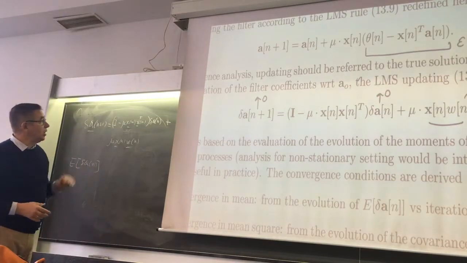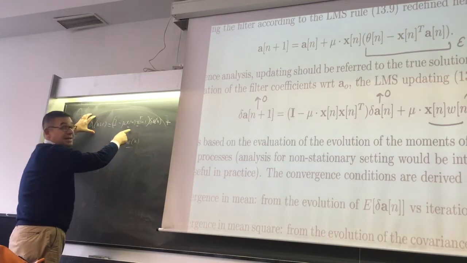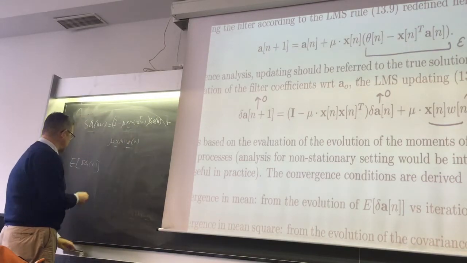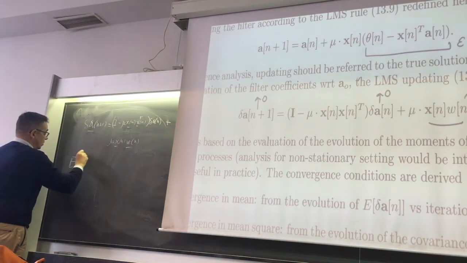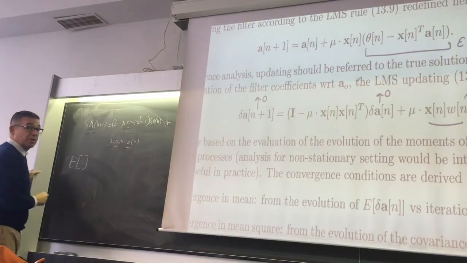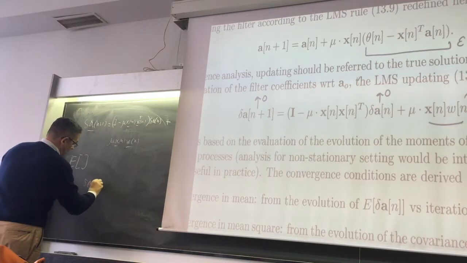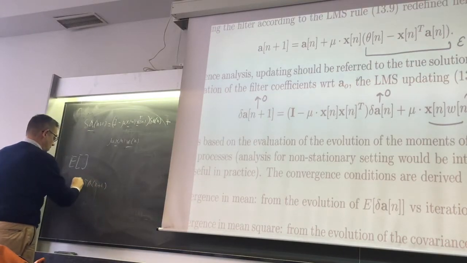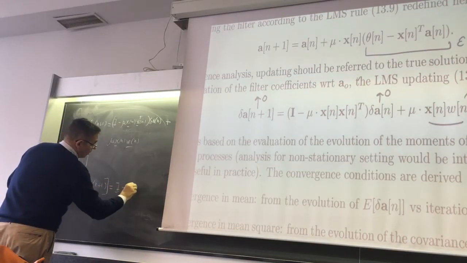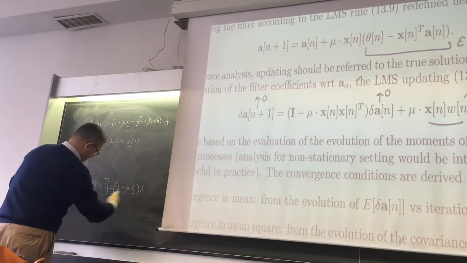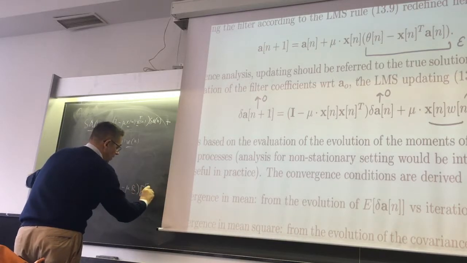Applying the expectation means that this is the matrix R. So what I get is the expectation of delta A n plus 1 is equal to identity minus mu R times the expectation of delta A n.